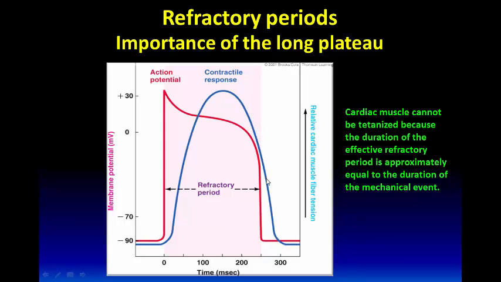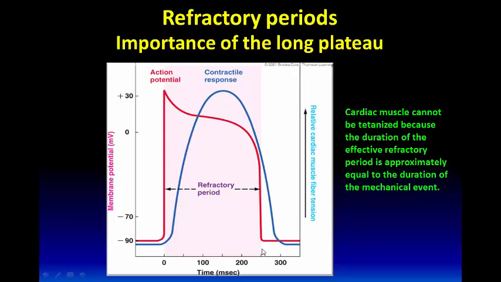So the effective refractory period extends throughout the contraction till the myocyte is having some relaxation. This would mean that the myocyte cannot respond to another stimulus while it is in systole, while it is in contraction.